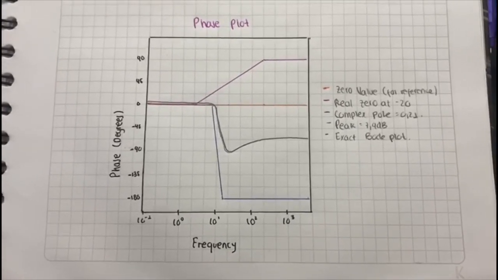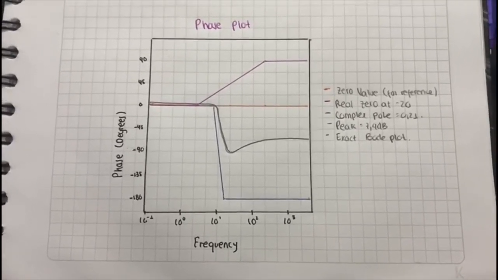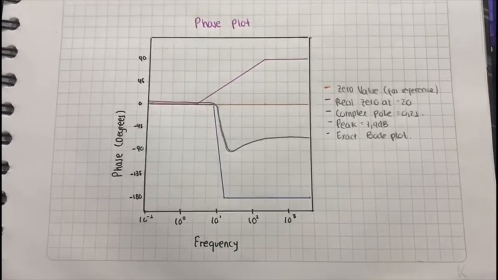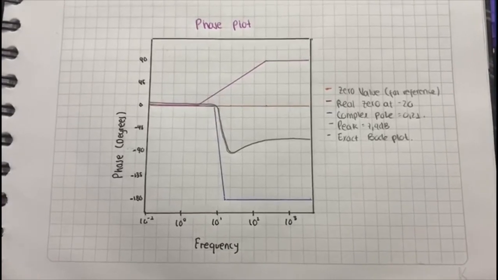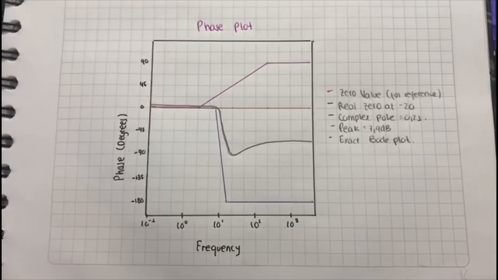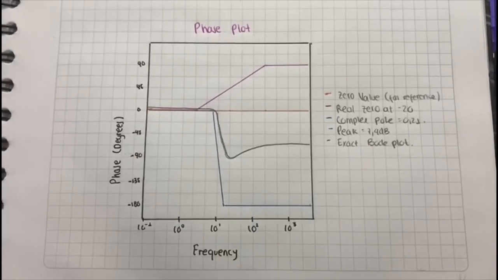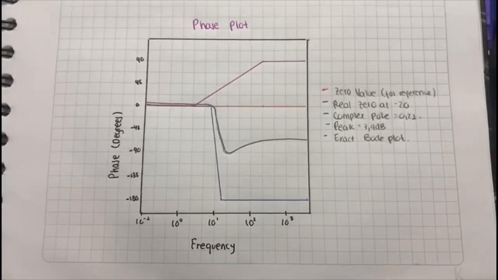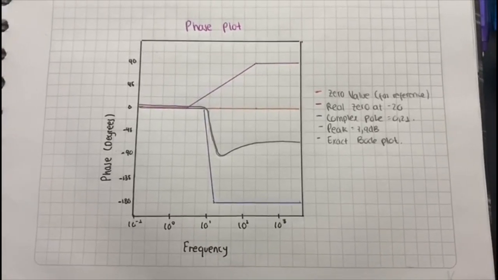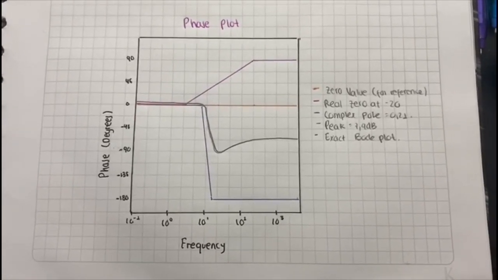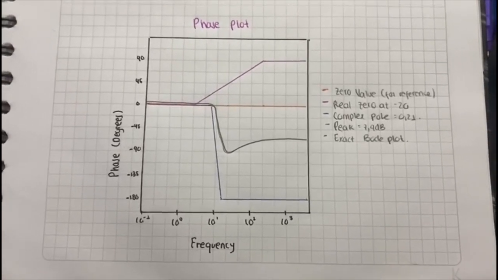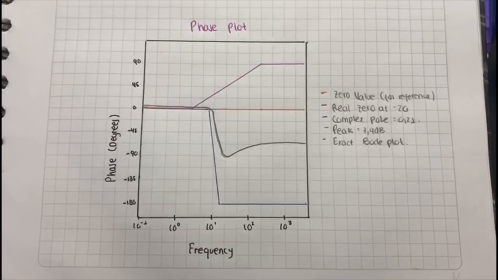It is important to note that the change at the poles and zeros in the diagram occurs from a decade before to a decade after the point at which each occurs. Finally, we obtain the black line that indicates the exact Bode diagram linking the behavior of each explained component.